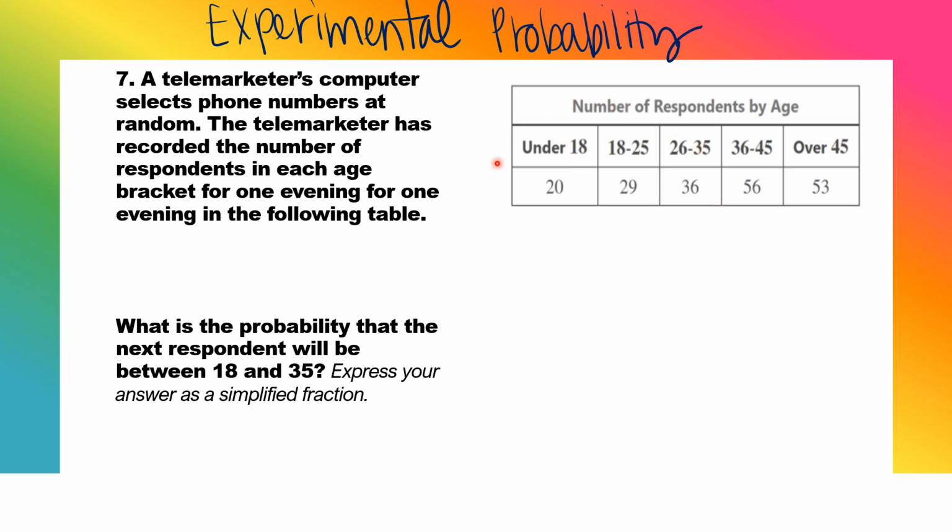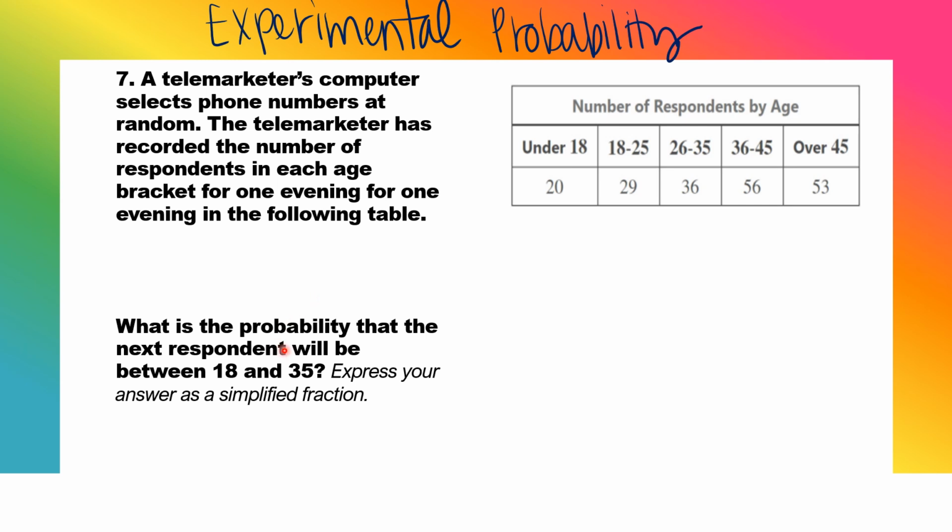So if another telemarketing company, maybe that calls during the day, because this one was during the evening, another telemarketing company may have slightly different probabilities because they may have different people answering the phone in the morning versus in the evening, right? So experimental probability, less accurate, but still a type of probability that folks will use in real statistical studies.